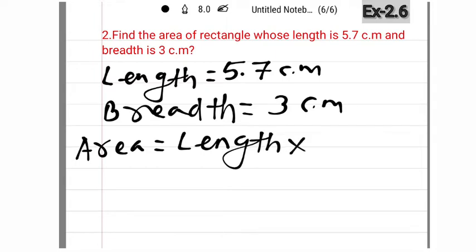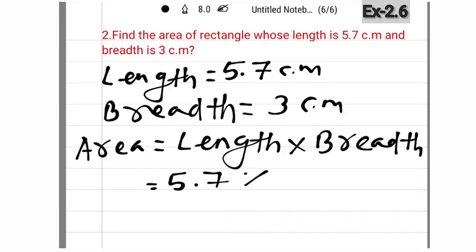Now we will simply put the values here. The length is given 5.7 centimeter, okay, into the breadth is given 3 centimeter. Now we will simply multiply these two numbers.